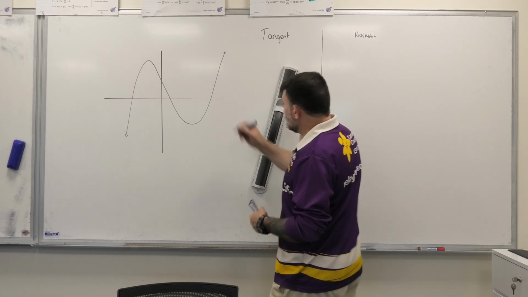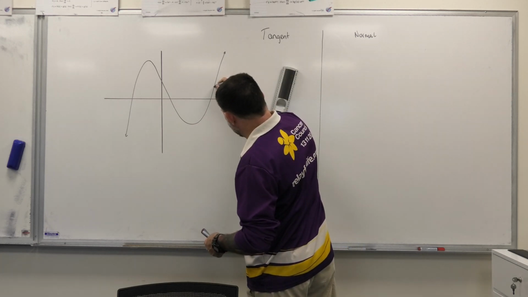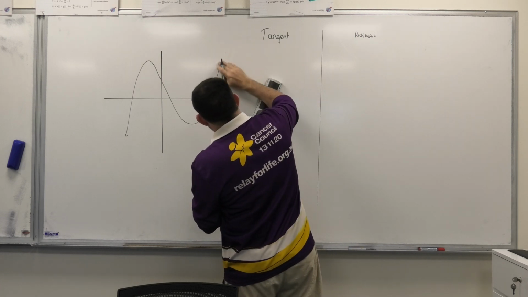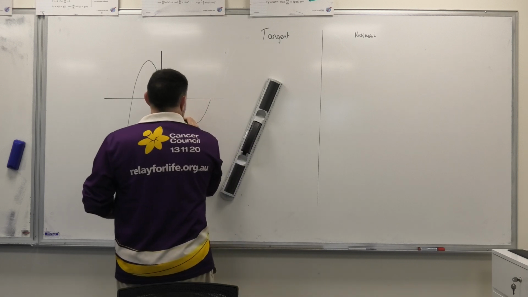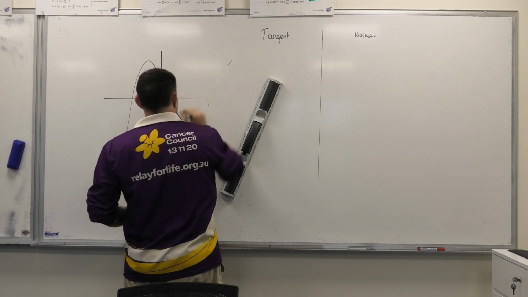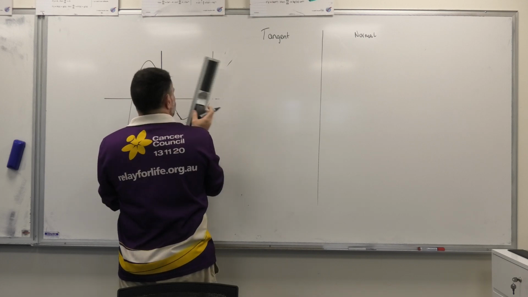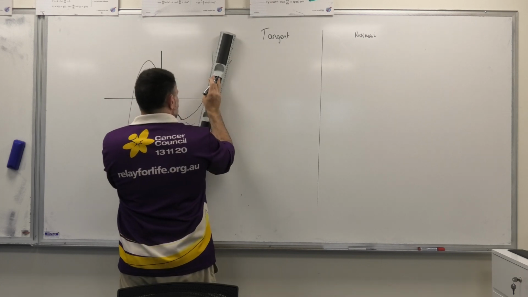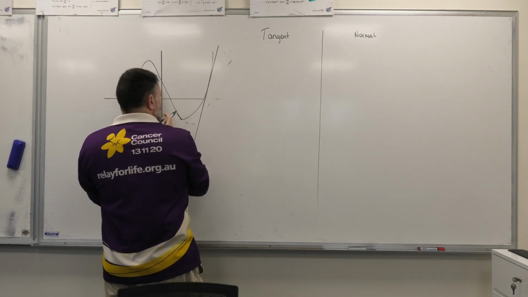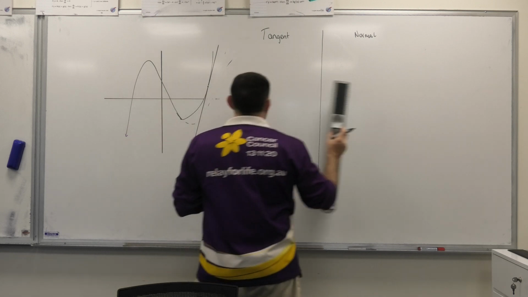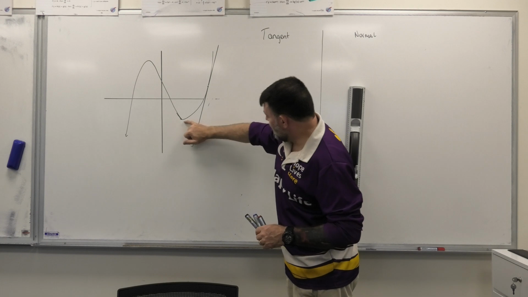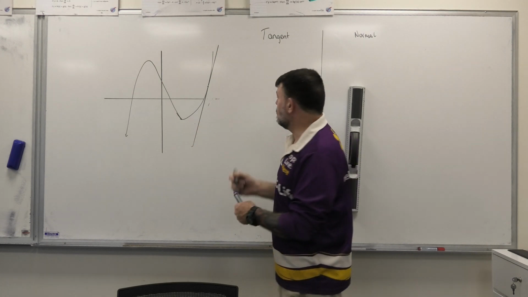So for instance, if we drew a point here, I could draw a tangent line so that it touches just at that point. So a tangent line is a straight line that touches the curve at one point.